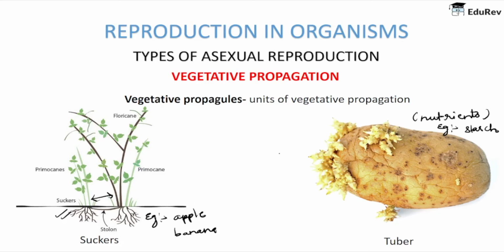You can also see in this picture that they are producing a small bud-like structure from the surface. Now these bud-like structures are potentially able to grow into a whole new plant, and these plants can gain energy from the stored nutrients inside them. And the example, as you can see clearly, is seen in potato.